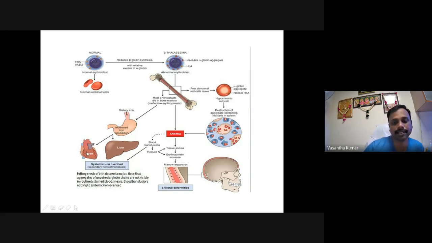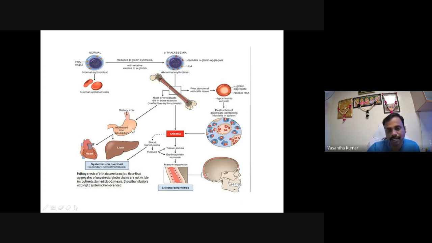That is the reason these patients will present with hepatosplenomegaly. There is extravascular hemolysis happening inside the body in the reticuloendothelial system. Another reason for hepatomegaly is increased iron deposits in the liver; frequent blood transfusion also will cause hemochromatosis and hemosiderosis.